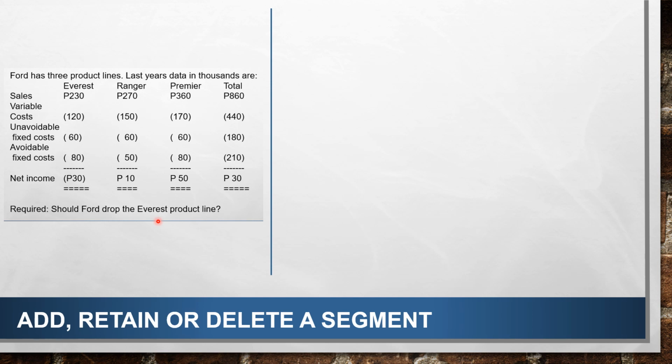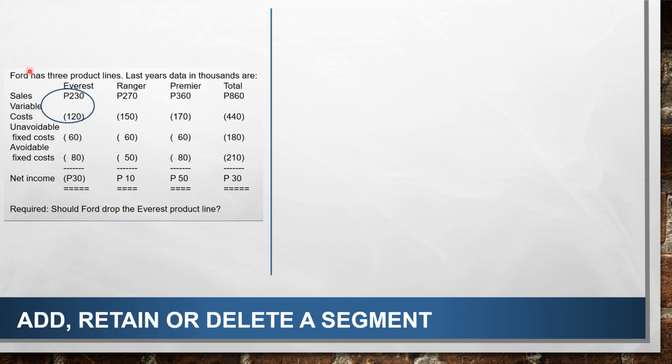So we will look at the Ford company as a whole. A while ago, we just analyzed Everest. So this is a total approach. Again, let's look at the important, relevant details of the problem. So we have the contribution margin, 230 less 120.